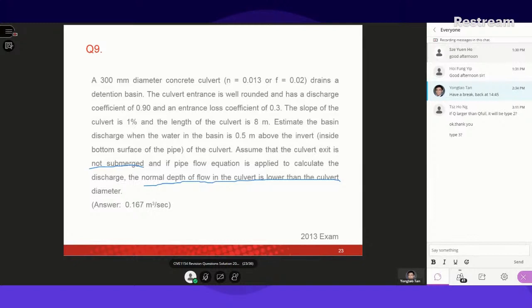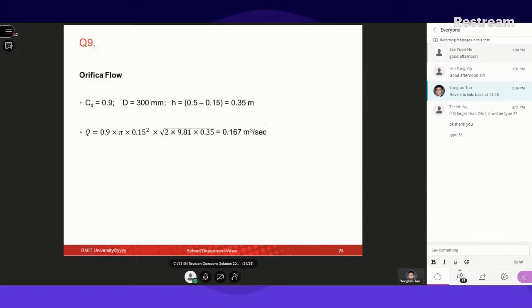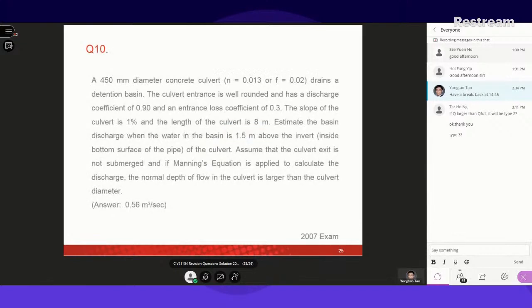But the other information tells us that the normal depth of flow in the culvert is lower than the culvert diameter. So we can easily know that it's type 3. Okay, good. For type 3, it is easy. You can use the orifice flow equations to get the answer.